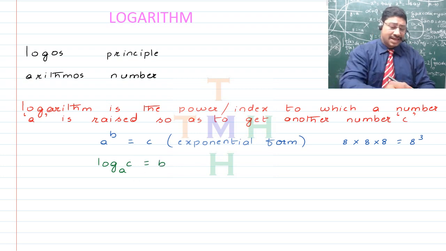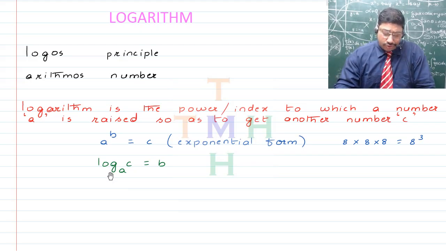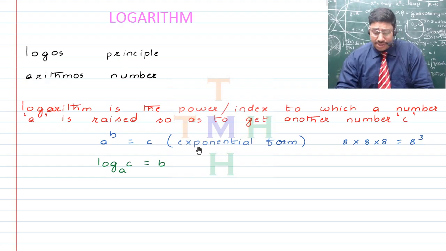Now this clears the air, as now you can see that logarithm is the power to which a number was raised so as to get another number. So that is how we have a raised to the power b, which was equal to c, which was the exponential form.